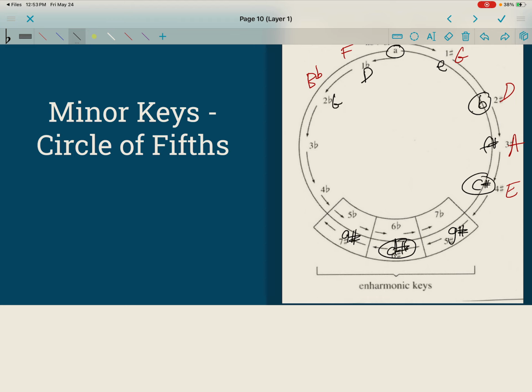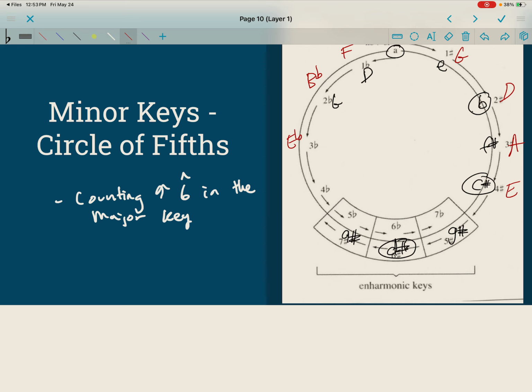So notice for this relative connection that I'm counting up 6 scale degrees in the major key, is what I'm doing right now. So over here you have E flat.